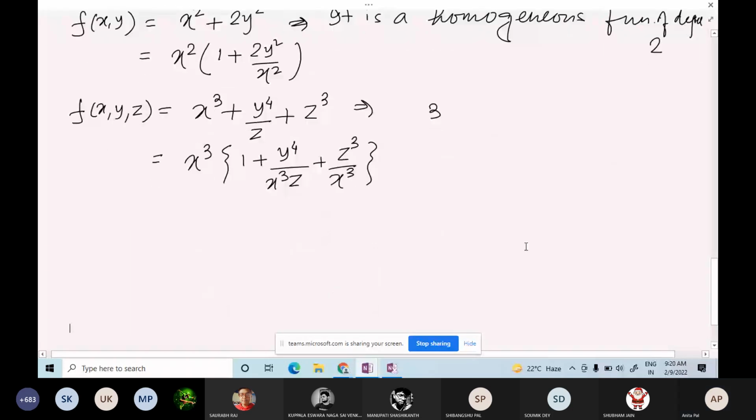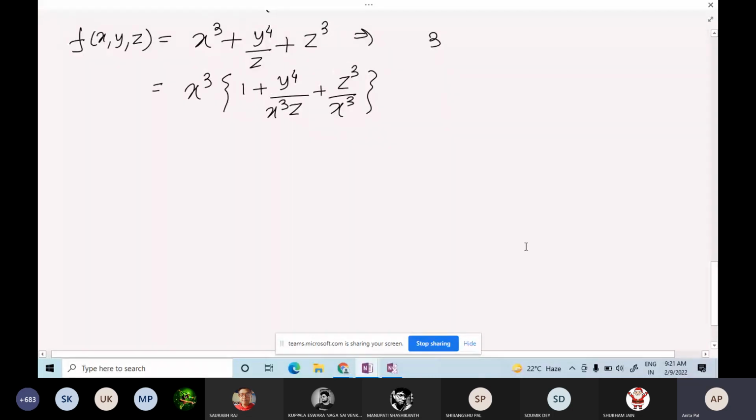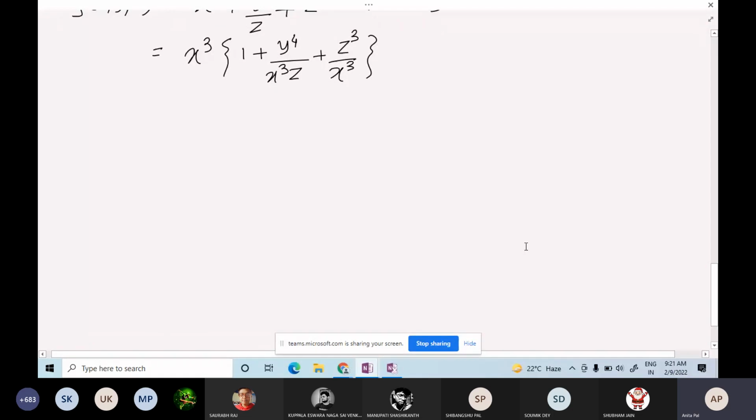Now next we'll come to Euler's theorem. We can have it for 2 variables, and we can have it for 3 variables.